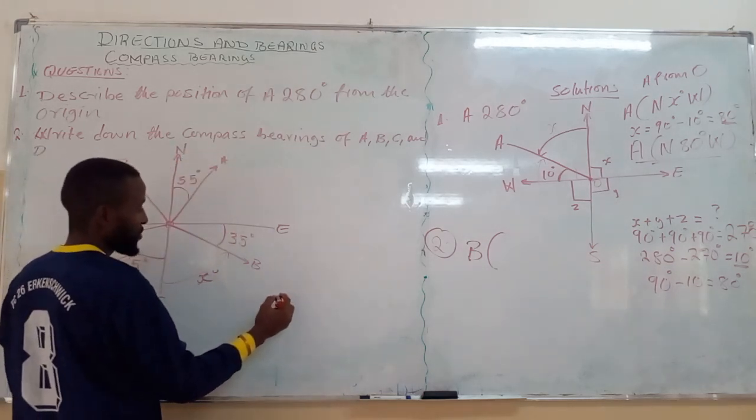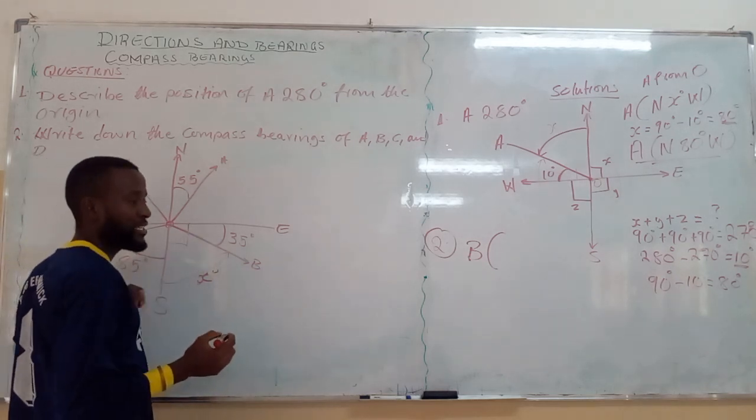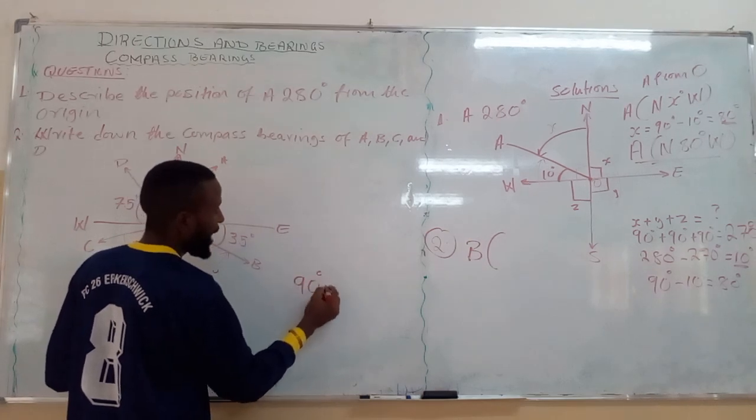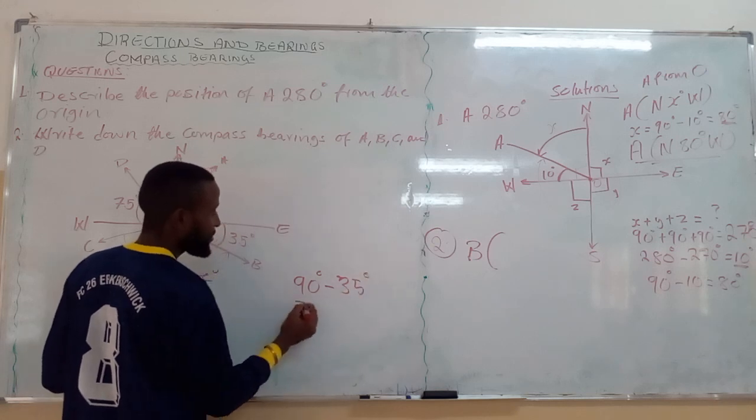We know that the whole of this angle adds up to 90 degrees, isn't it? So we're going to say 90 degrees minus 35 degrees. What is my answer?